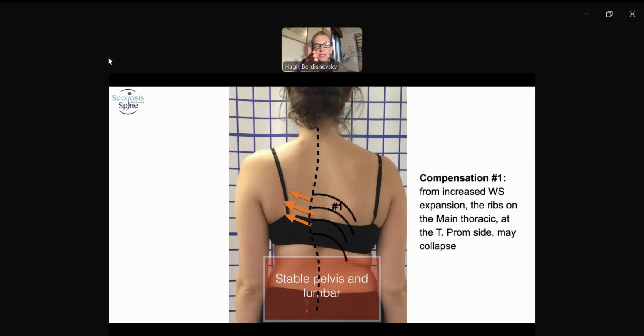And then there's not going to be the torsion of the ribs, because we don't move the torso. The torsion of the rib cage comes from sagittal plane correction along with axial elongation.